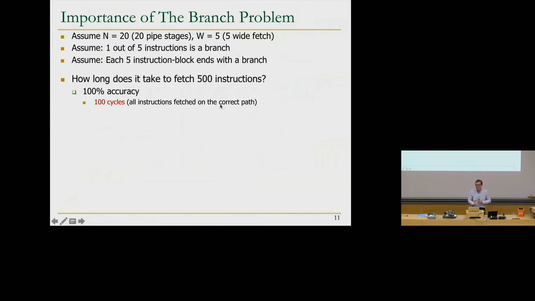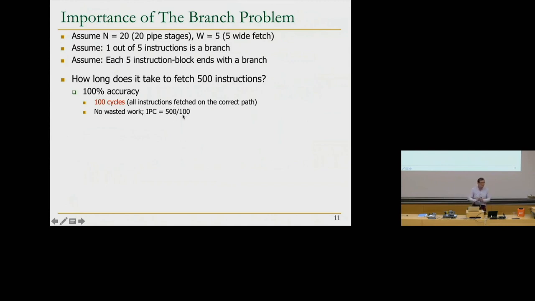IPC is 5, yes, exactly. Basically, it takes 100 cycles to fetch all instructions because you're fetching 500 instructions, and every cycle you're fetching 5 of them. So 500 divided by 5 is 100 cycles. And IPC is instructions per cycle, 500 instructions per 100 cycles.